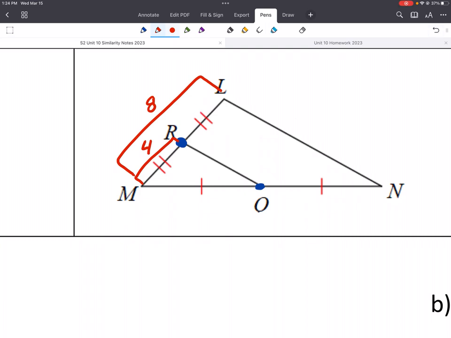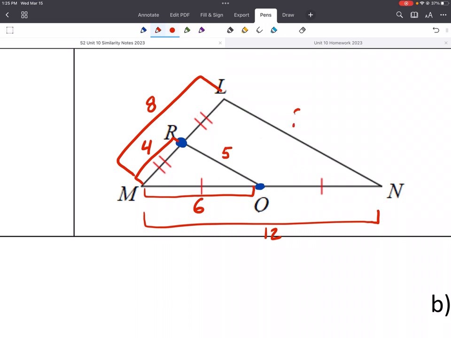Okay, if this length was 6, what would the long side of the large triangle have to be? Well, this would have to be 12. And this is the same for all of the sides of the triangles. So if this was 5, what would this have to be? Well, this would have to be 10.